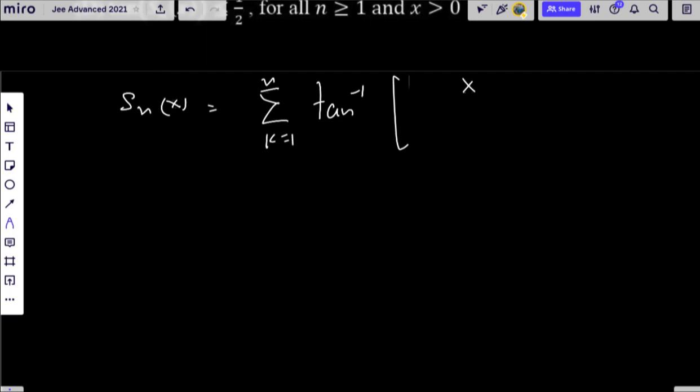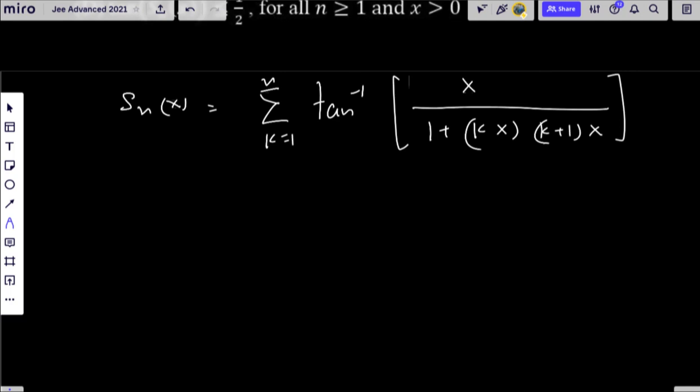So x divided by 1 plus kx, in another bracket k plus 1 x, that is the base.